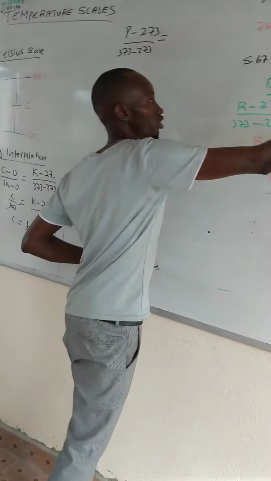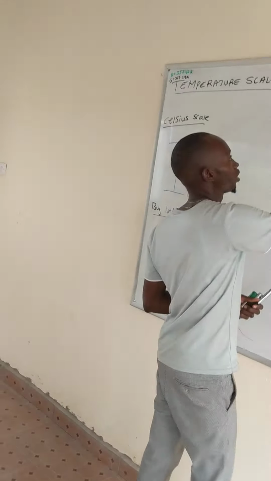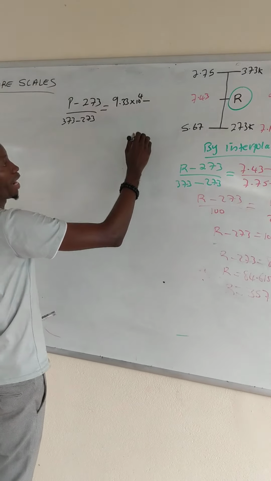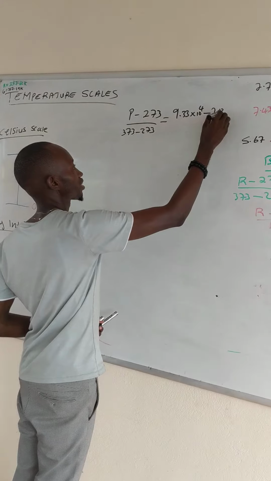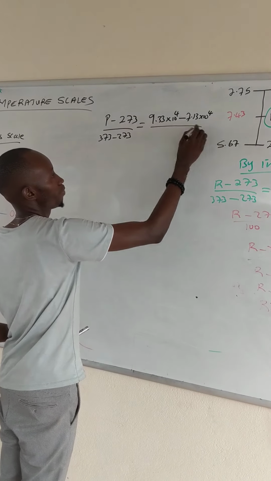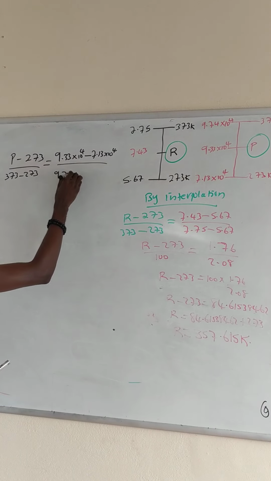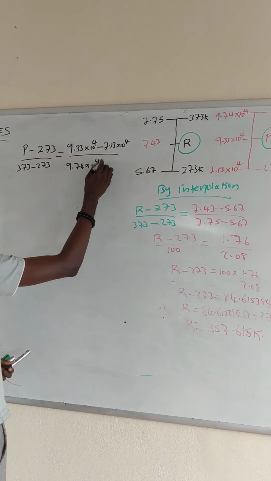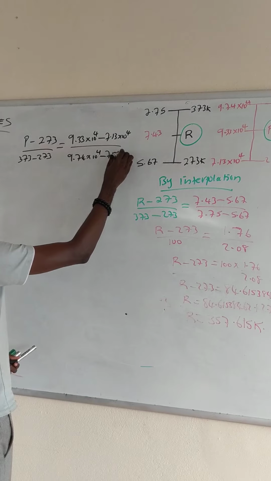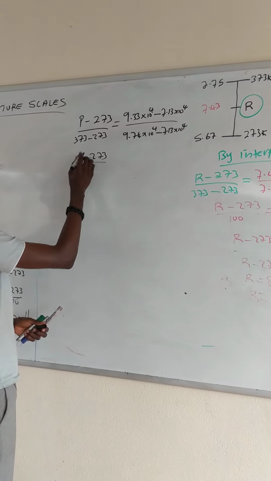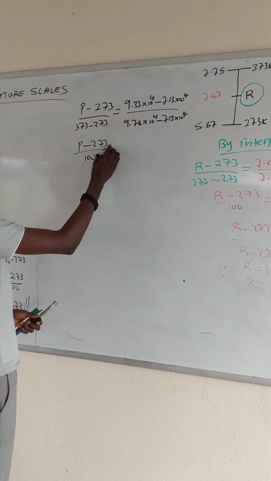This minus this is going to be this value minus this value, which is 9.33 times 10 to the power 4 minus 7.13 times 10 to the power 4, divided by this minus this again, which is 9.74 times 10 to the power 4 minus 7.13 times 10 to the power 4. So we maintain this divided by 100, because this minus this is 100.